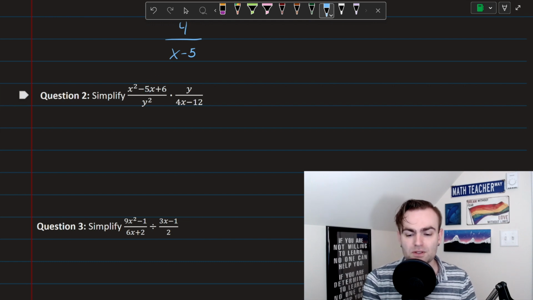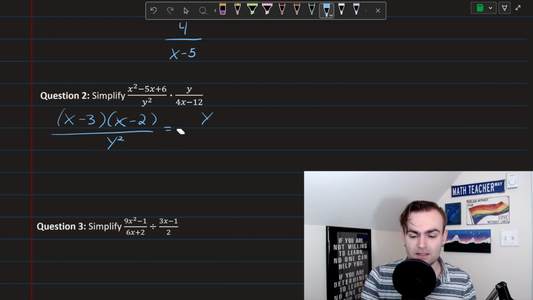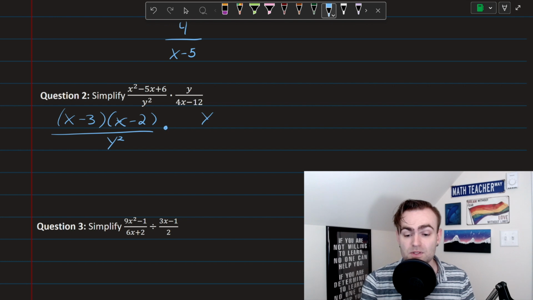If I factorize the numerator, factors of 6 that add to -5 would be -3 and -2. And then I can keep the y squared the same. Over here, I'm going to keep the y, not equals, we're multiplying. And then I can factor out a 4, so that would be x minus 3.